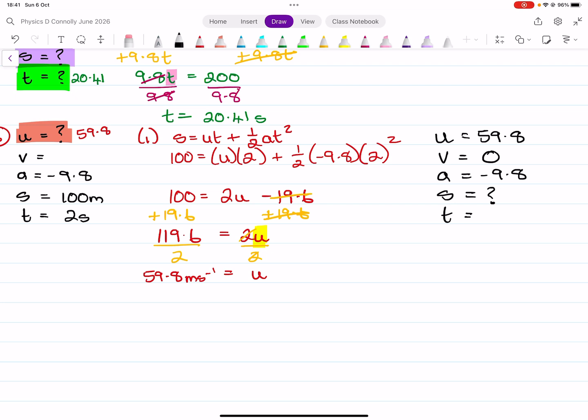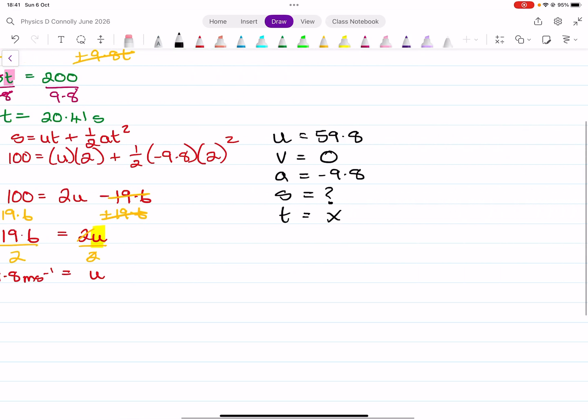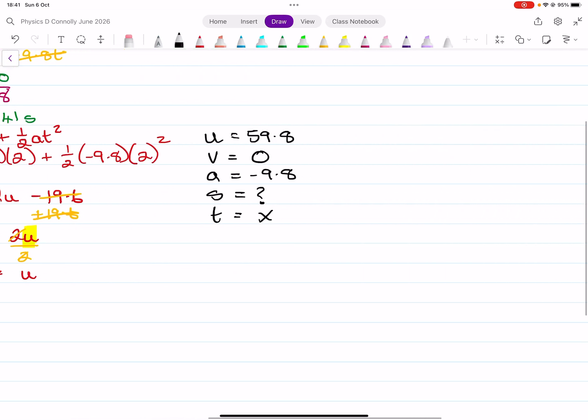And the 2 seconds was associated with the 100 meters, so we don't know T either, but I don't think we want to know it. So we're looking for S. I was going to do S equals ut plus a half at squared, but I don't have T.